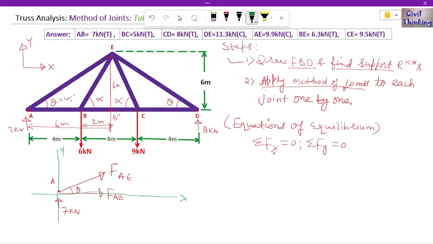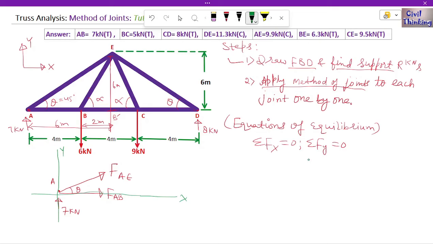Because summation Fx means the sum of all the forces in the x direction. Now is FAE in the x direction? No, so we can't fit it. Also, summation of forces in the y direction is 0 means we have to sum up all the forces in the y direction. As we can see, in the y direction is 7, but FAE is not in y, so we are not able to fit FAE in either of these two equations.